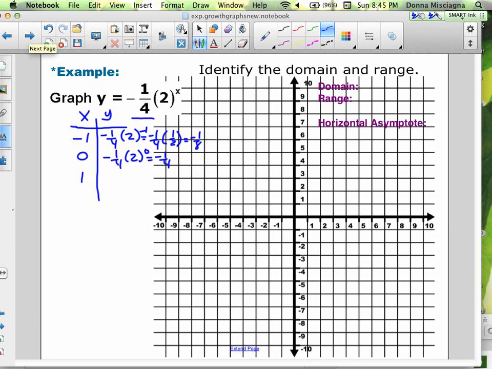This is our starting value. Okay, so now we have 1: -1/4 times 2 to the first. That's just going to be -1/2. Right, -1 times 2 is 2, over 4, 1/2, -1/2.